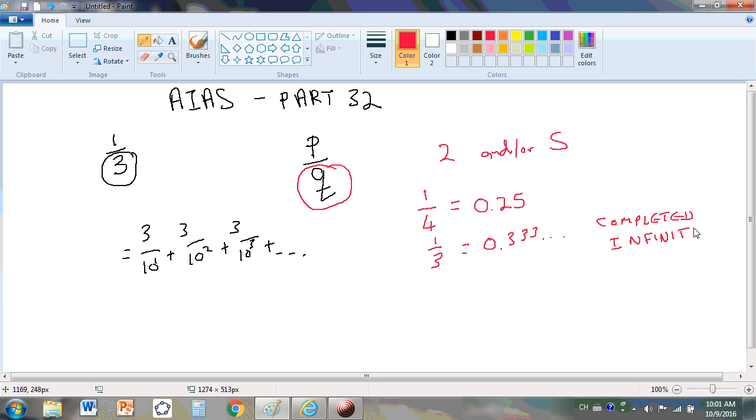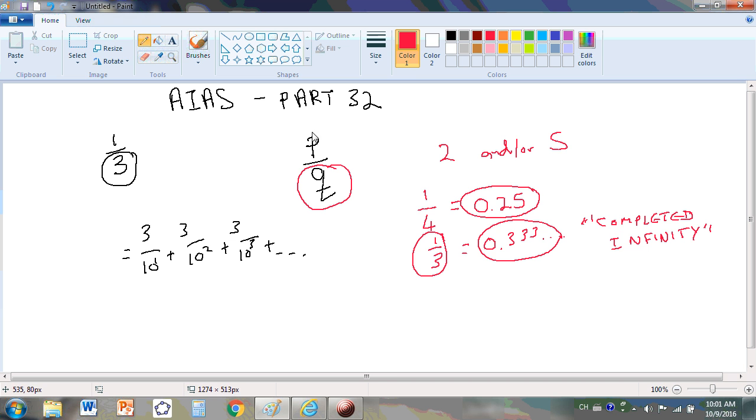But here the mainstream morons are going one step further and imagining completed infinity. There is no such thing as infinity, and completed infinity is junk. So in this case here, the number is equal to the limit of the sequence. In this case here, it's equal to the sum as well as the limit.